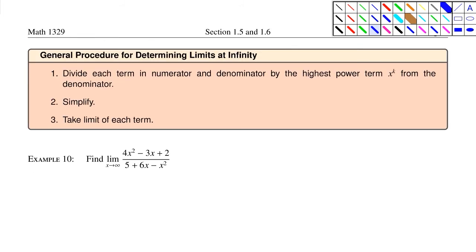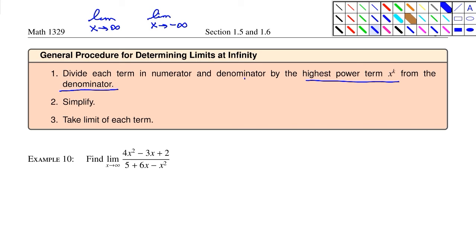Let's take a look at the procedure for determining limits at infinity. This is both the limit as x goes to positive infinity or the limit as x goes to negative infinity. This process works for both of those. First, you want to divide each term in the numerator and denominator by the highest power term x to the k from the denominator. It's not the highest power term anywhere.